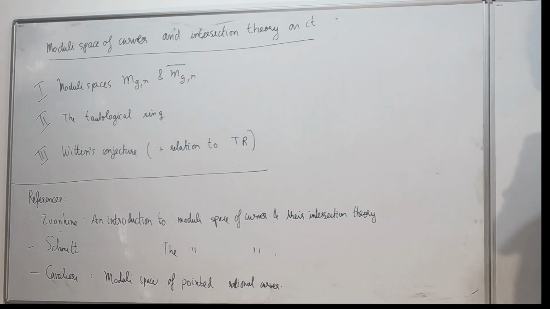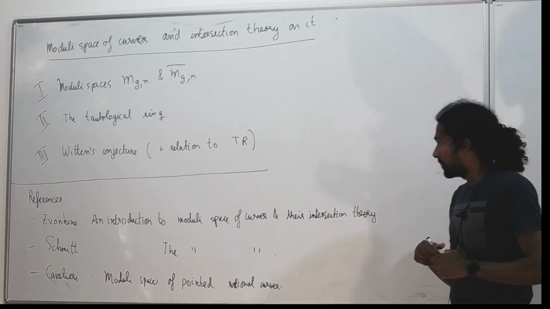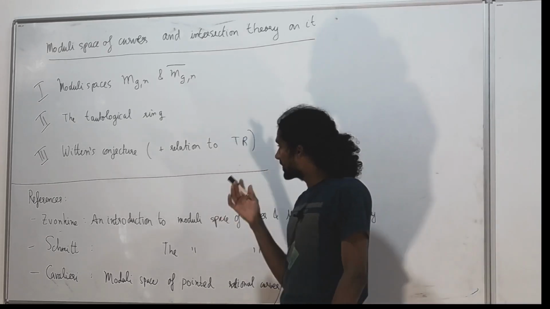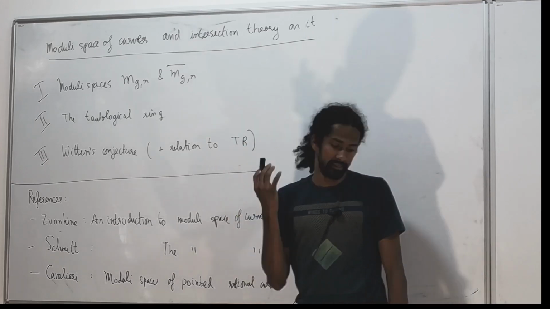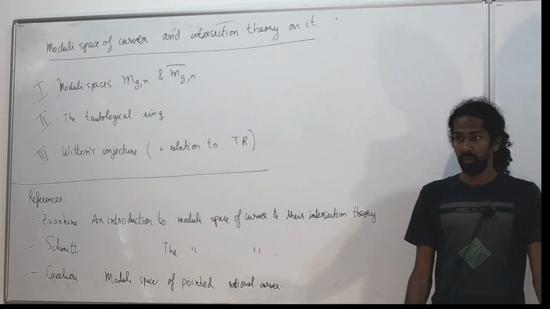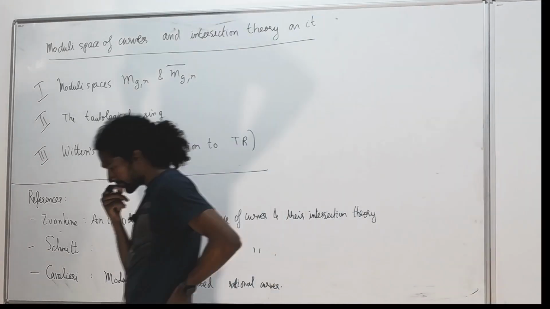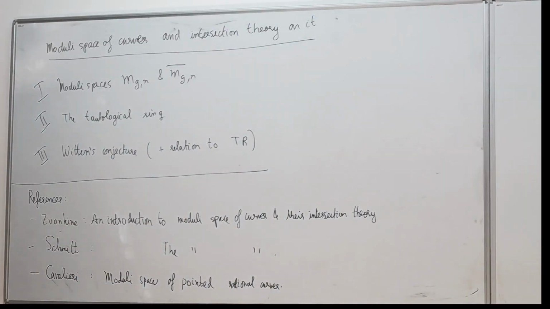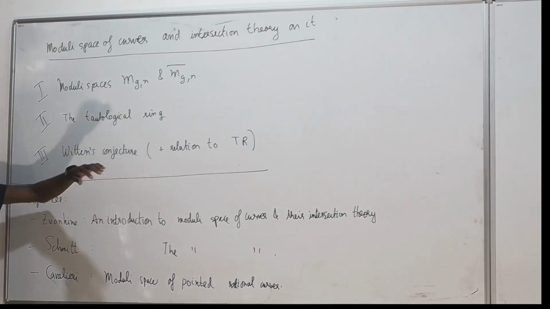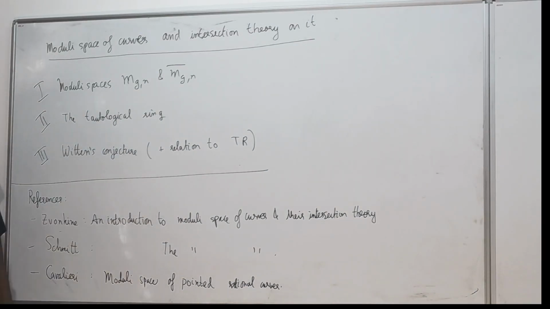A lot of the structure of TR can be viewed as the structure of the moduli space of curves, and doing intersection theory on the moduli space of curves is very closely related to the topological recursion formula. Basically I will not say almost anything about that, except maybe at the very end, and we'll see if we get there. It depends on how much time I have.